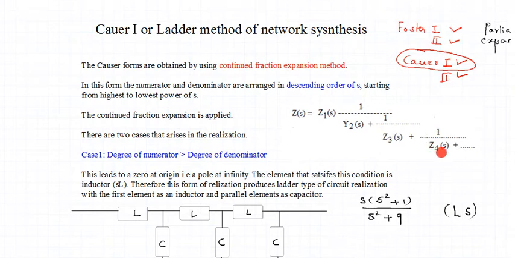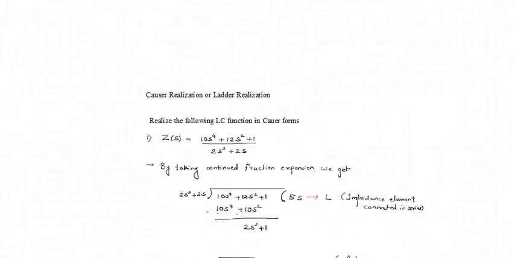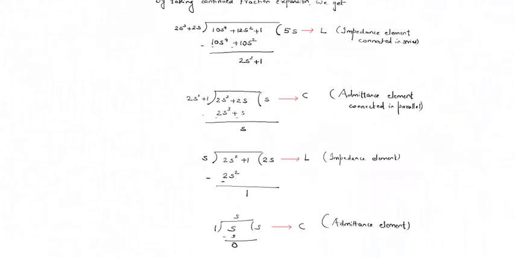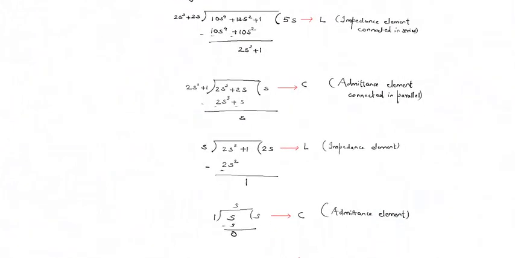The fourth is the shunt, and so on. So what we obtain after division is series and shunt elements. Keeping this in mind, the first element that we have obtained after division here is 5s.